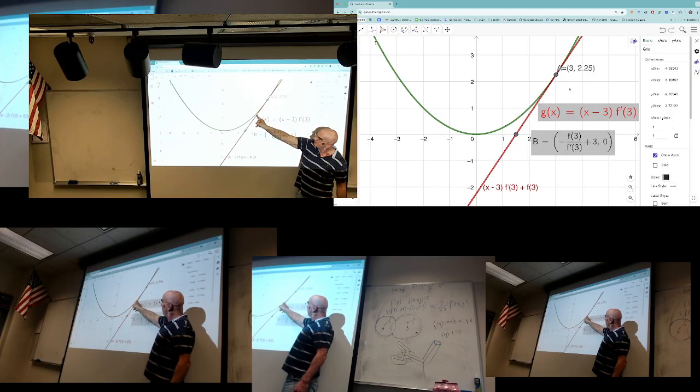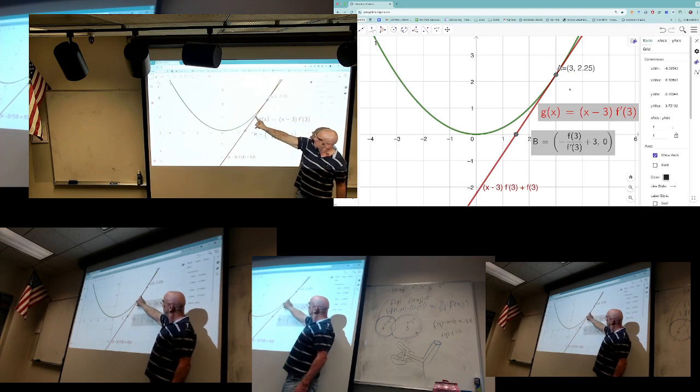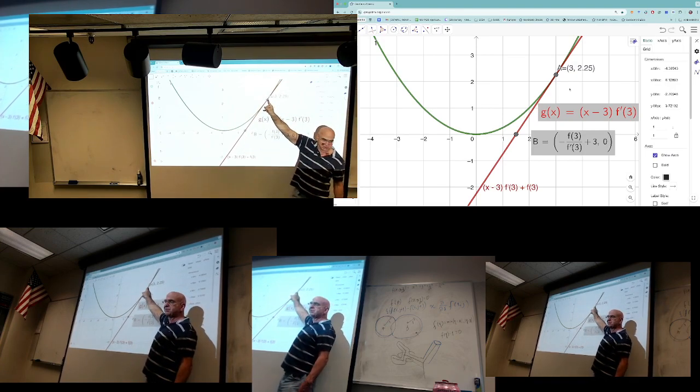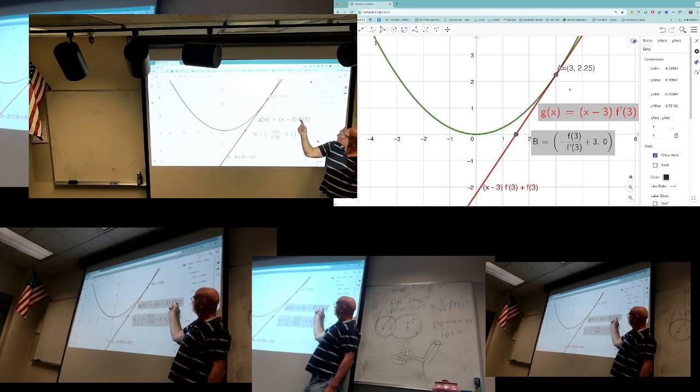So if it's linear, what will be the equation of the linear function that is tangent at this point? I'll just compute the derivative.